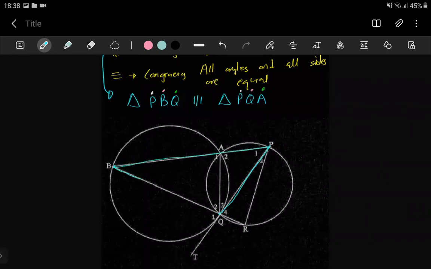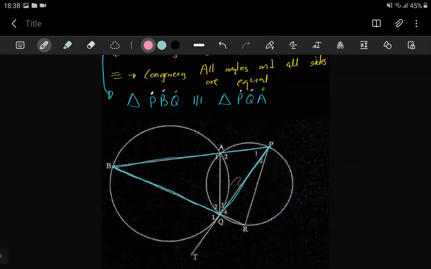Now, triangle PBQ, they're asking us to show that it is similar to triangle PQA.